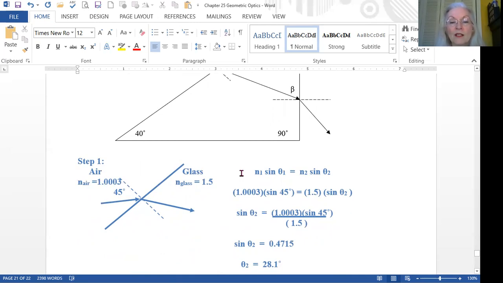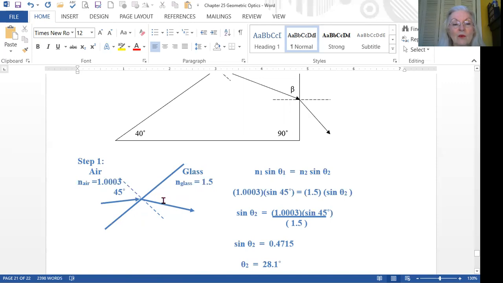N1 sine theta 1 is equal to N2 sine theta 2. We plug in our numbers, we do the arithmetic, and we come up with theta 2 is 28.1 degrees. That is this angle, all right here. This is our angle, but we actually need this angle. So how are we going to do that?